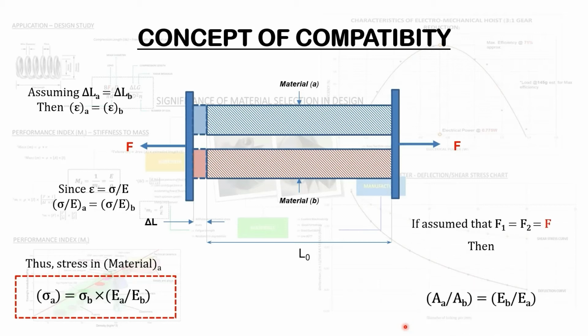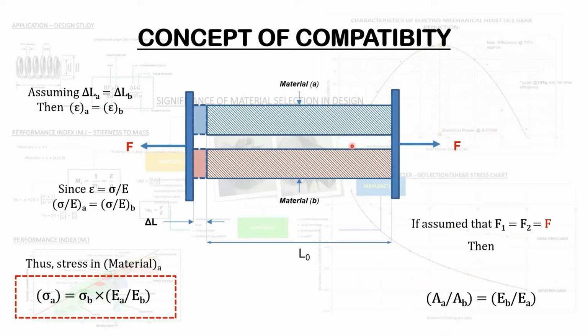So since we're assuming in this context that the force experienced in material A is the same as the force experienced in material B, then we can establish another relationship in regard to the area, whereby the areas are not the same.